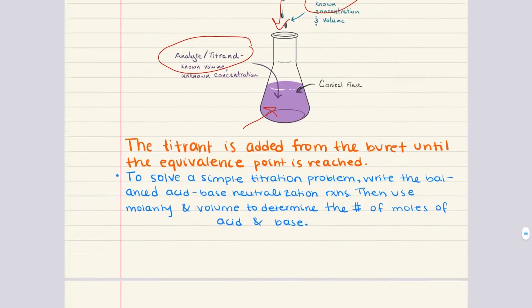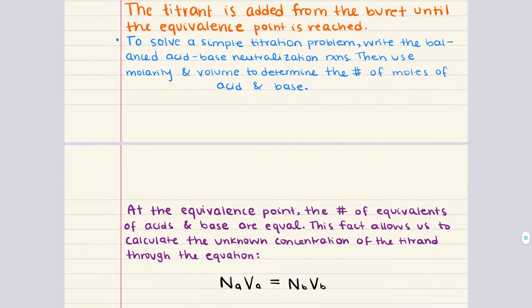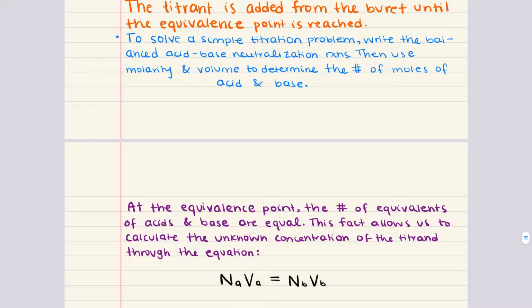Now, at the equivalence point, the number of equivalents of acid and base are equal. And this fact allows us to calculate the unknown concentration of the analyte through this equation. Here, N represents normality, V represents volume. To calculate normality, this is going to be equal to the equivalents of solute divided by the volume of solution in liters.